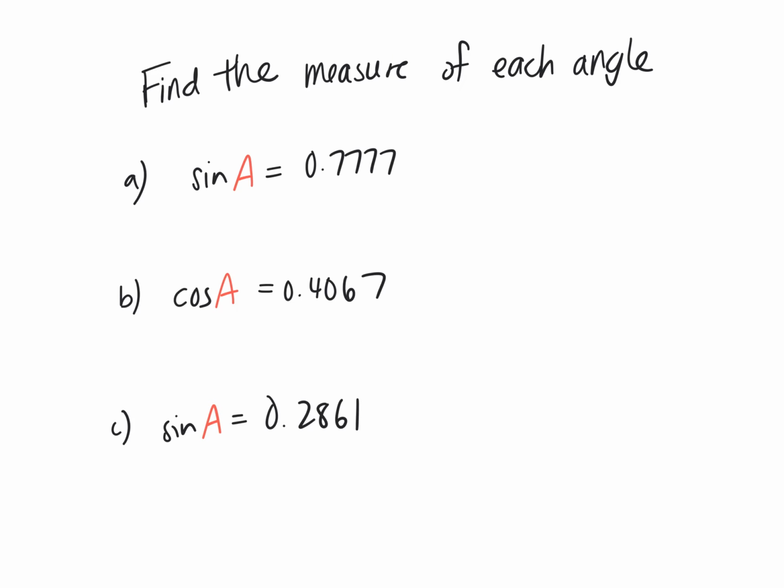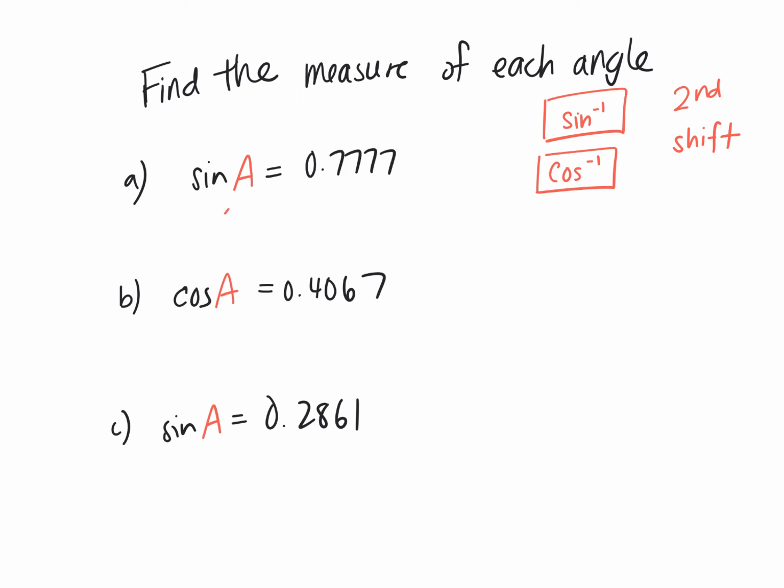So just a reminder, when you're finding the angle, what button are you looking for on your calculator? Sine to the power of -1, so you're either going to use the second button or the shift button. In this case we have an example where we're using the cos ratio. So cos, these are the buttons you're using, okay?